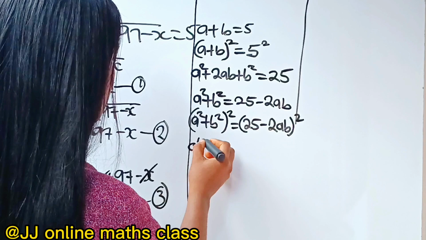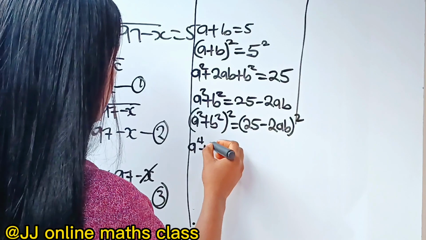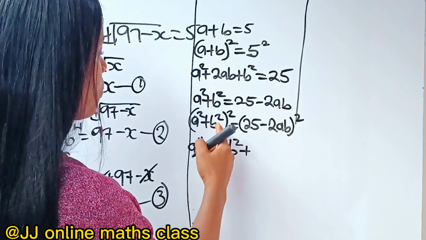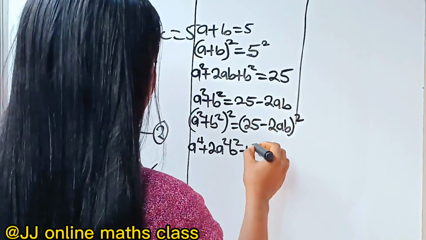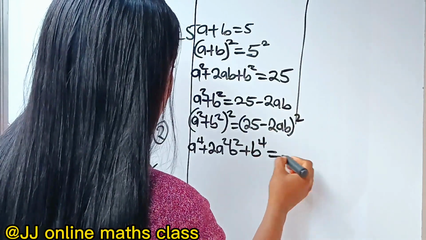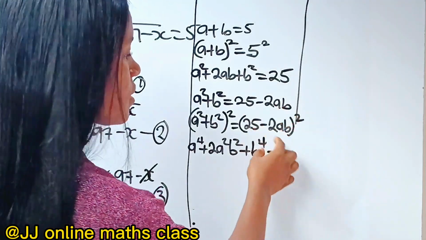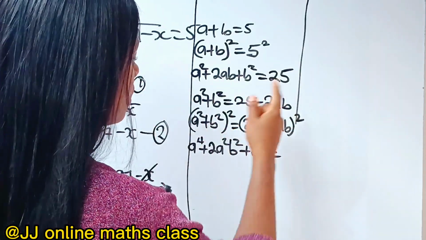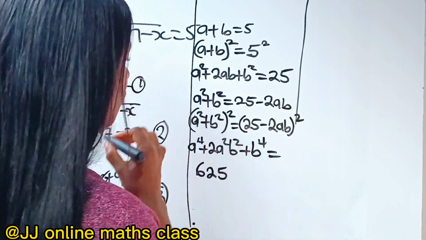So we're going to have A to the power of 4 plus 2A squared B squared, plus B squared squared, which will give us B to the power of 4, equal to, using the same identity to expand this one, 25 squared, which will give us 625.